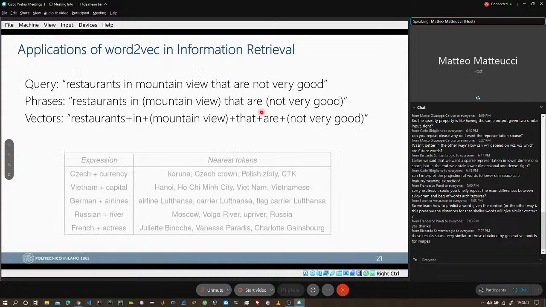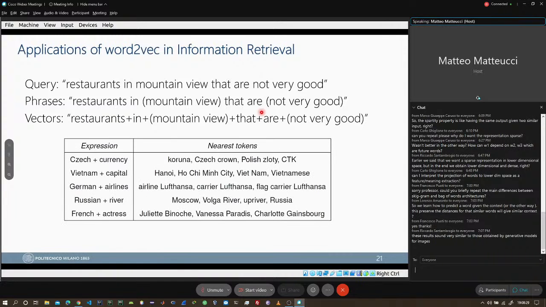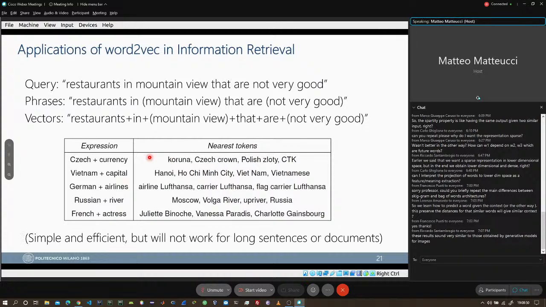Some examples for information retrieval: you could add two vectors and see where you end up, because it means adding two contexts. If you add two contexts, you should end up near a word which has those two contexts inside. And it doesn't work for long sentences, but for long sentences, you have the solution.